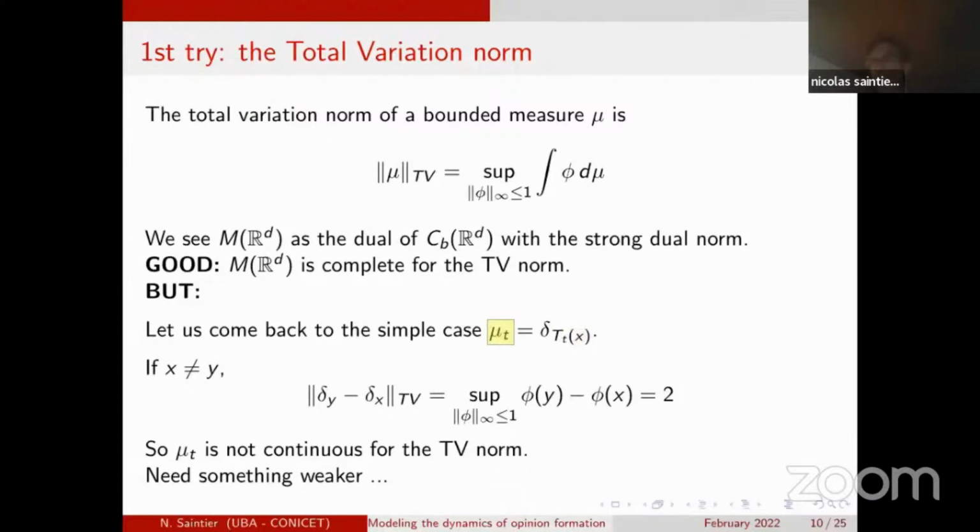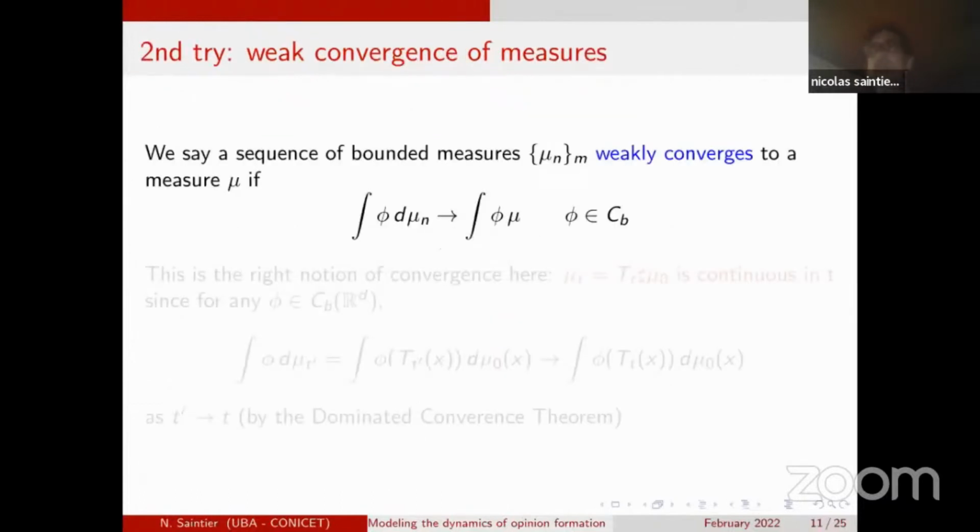We need something weaker, and something weaker is the weak convergence. Or maybe it's more appropriate to say weak star convergence, from a functional analysis point of view. We say that a sequence of bounded measures mu n converges to a measure mu if we have convergence against any bounded continuous test function.